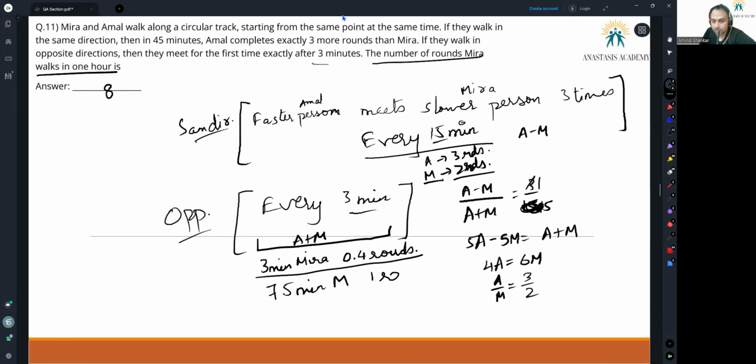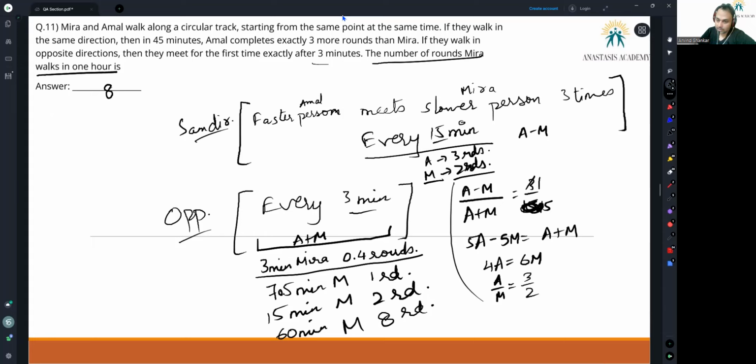Meera takes 1 round in 7.5 minutes. So in 15 minutes, Meera takes 2 rounds. Now for 60 minutes, it will come out to be 8 rounds. So regardless of which case you go through, it has to be the same.